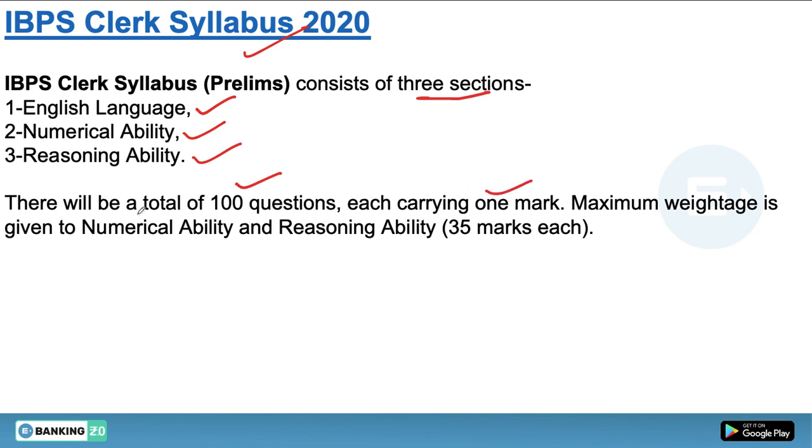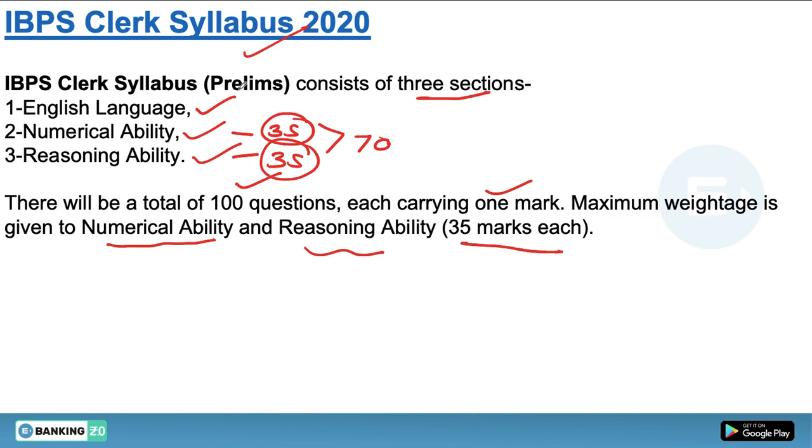Maximum weightage is given to numerical ability and reasoning ability, that is 35 marks each. So numerical ability is 35 marks and reasoning ability is 35, so they constitute 70 marks, and English consists of 30. So let's have a detailed discussion on it.